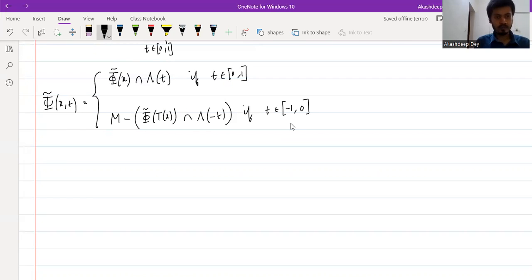So then one can show that psi tilde is a well-defined map on Sx tilde, and this is Z mod 2 equivariant. Moreover, psi tilde restricted to x tilde is the map phi tilde.